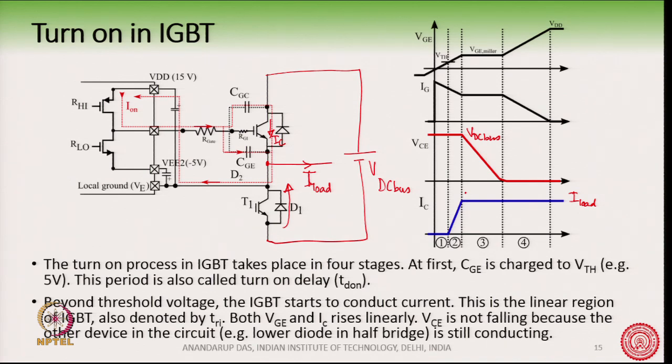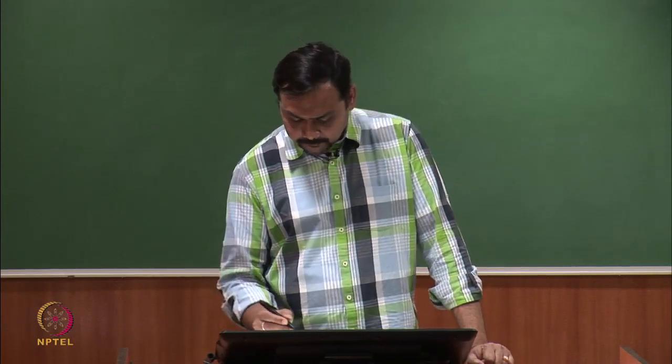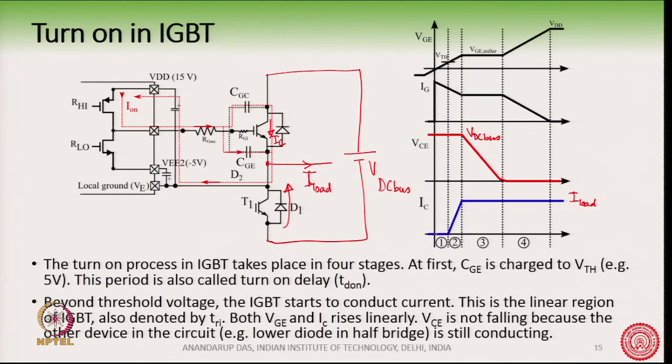This is a stage where there is a loss in the IGBT. Why? Because the loss across the IGBT is VCE times IC. Earlier there was very little loss because IC was 0, but now there is a VCE equal to VDC bus, and a current rising here.